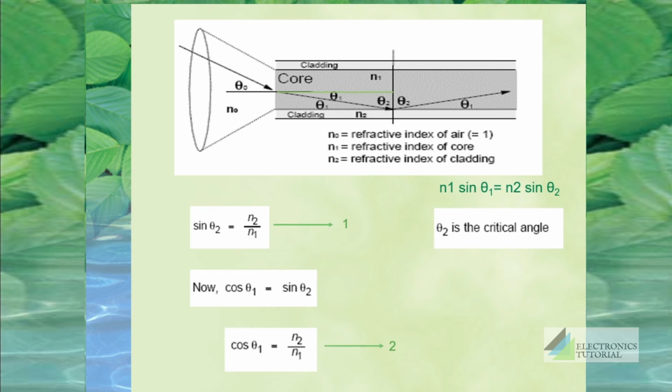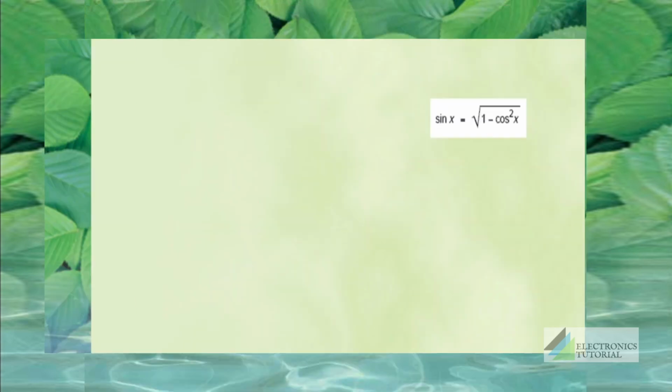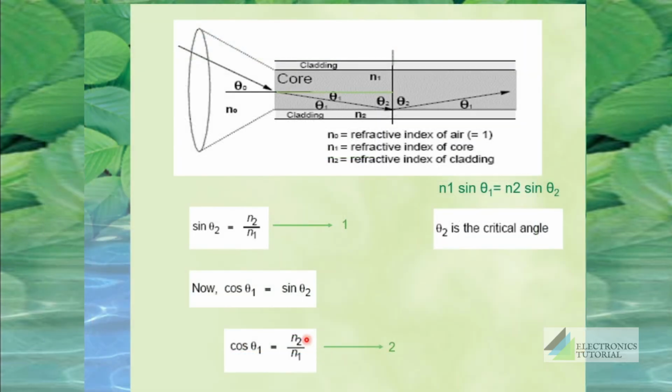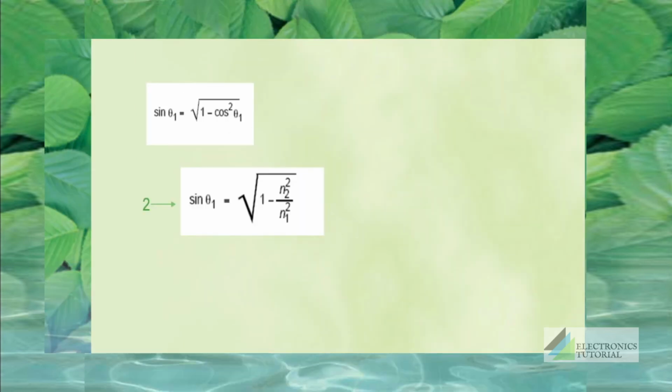We'll mark this as second equation. Now we'll consider another trigonometric rule. Sin x is equal to root of 1 minus cos square x. In that format, we can write sin theta 1 as root of 1 minus cos square theta 1. By equation number 2, we can write n2 by n1 instead of cos theta 1. Sin theta 1 is equal to root of 1 minus n2 square by n1 square.